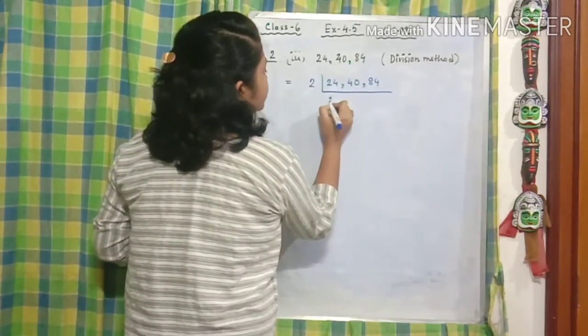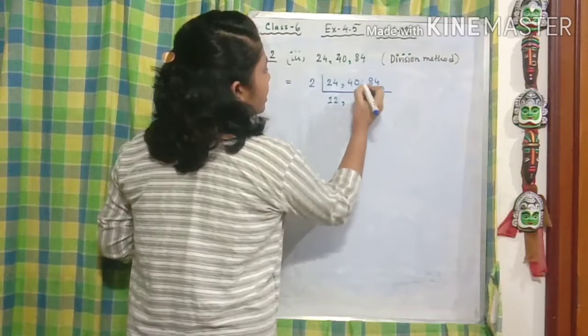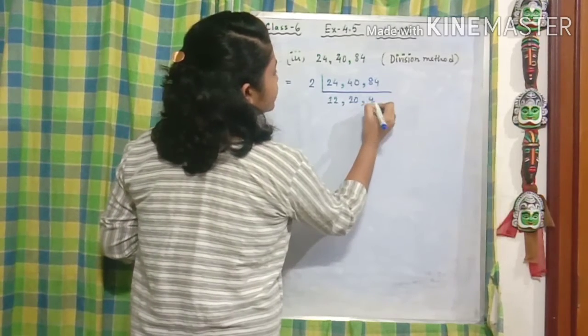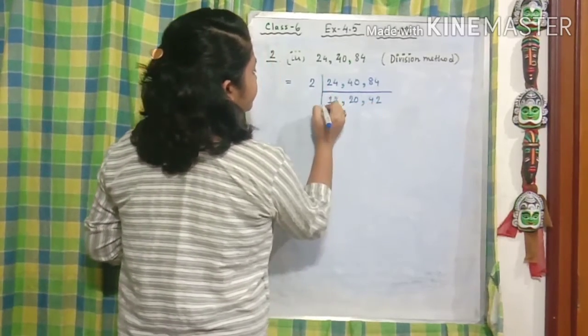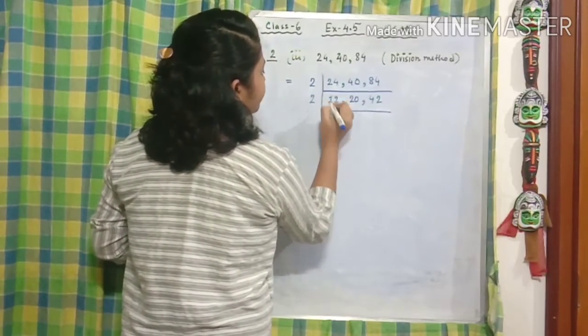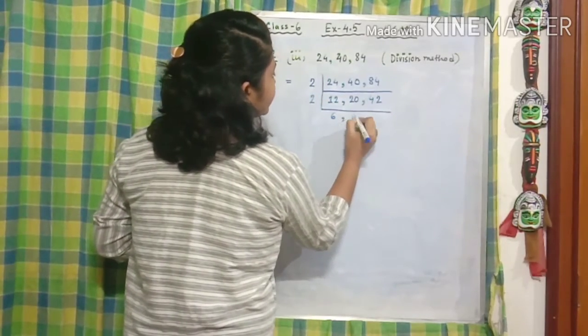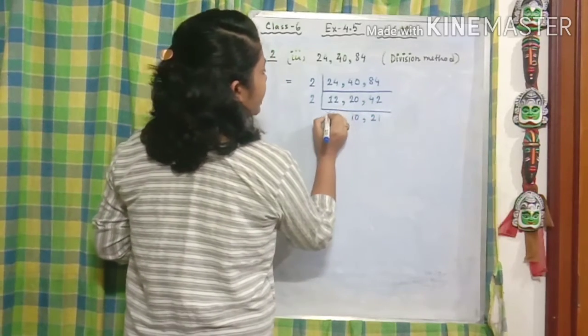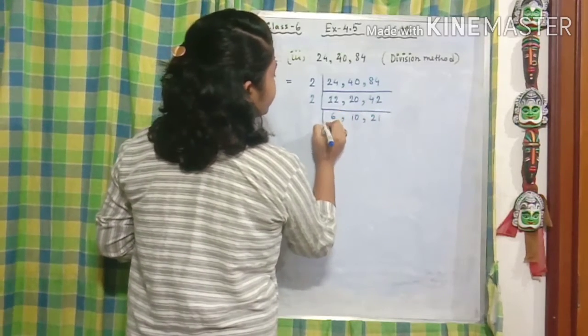So 2 ones are 2, 2 twos are 4, 2 twos are 4, and here 2 fours are 8, 2 twos are 4. Once again it will be divided by 2 itself. So 2 sixes are 12, 2 tens are 20, 2 ones are 2 and 2 twos are 4.